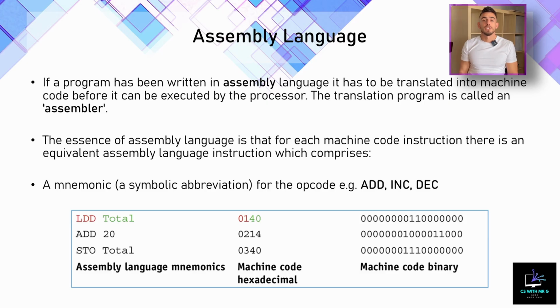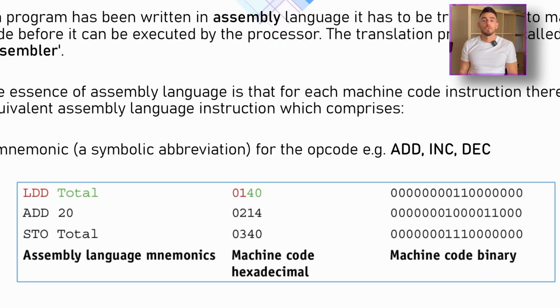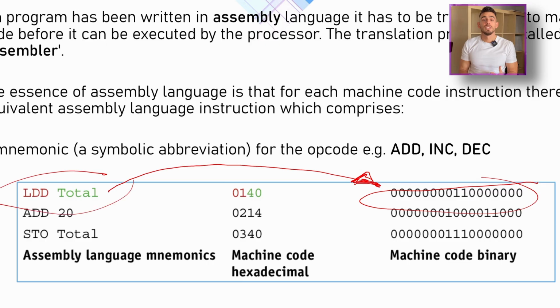So as an example, you can see here, LDD total. This could be written in hexadecimal in the middle, which we don't need to worry about. What's more important is that this instruction would be received by the CPU in binary as this number here. So we have assembly language on this side and machine code on this side, and LDD total is represented by this number here.